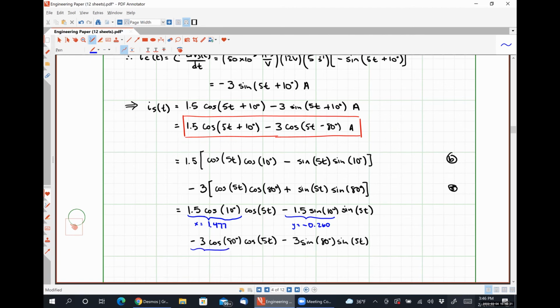I'm going to call this bit Z. So negative 3 times the cosine of 80 looks like negative 0.521. And I'm going to call this bit T. I'm labeling these because those are the variables that my calculator can handle. So negative 3 sine 80 degrees is negative 2.954.